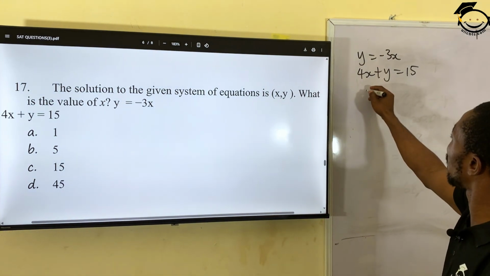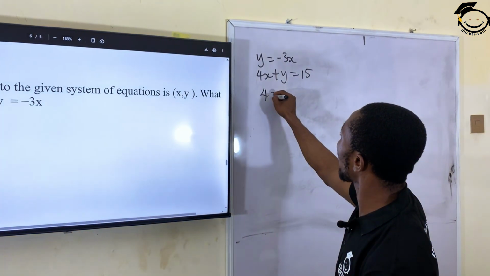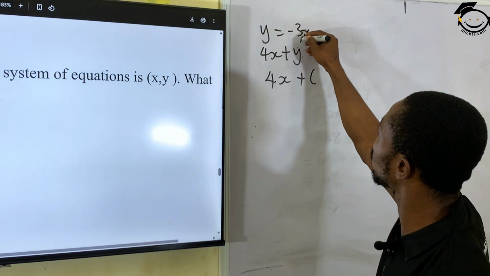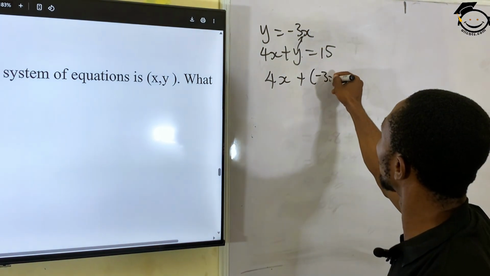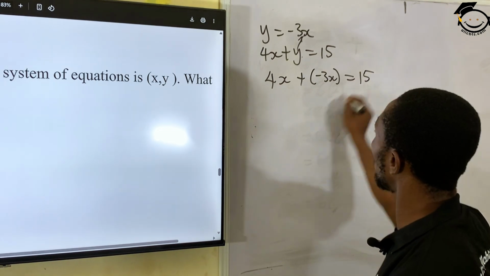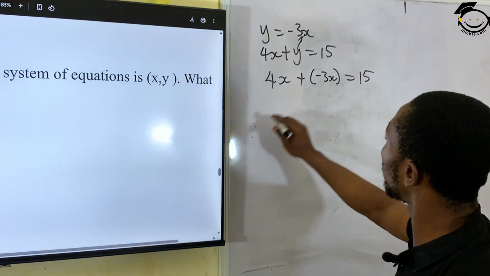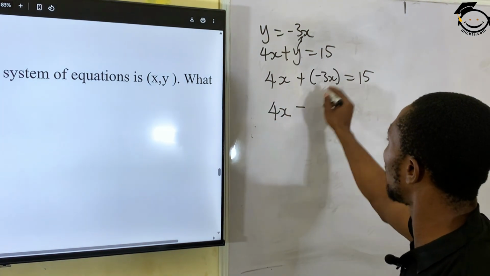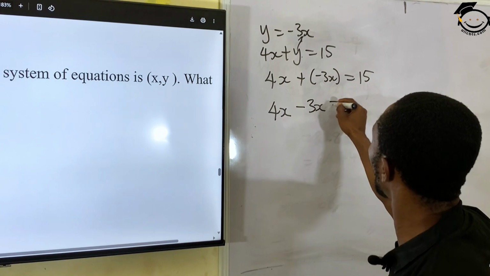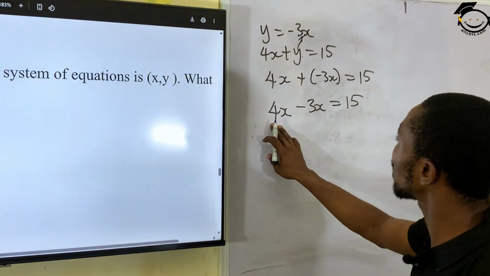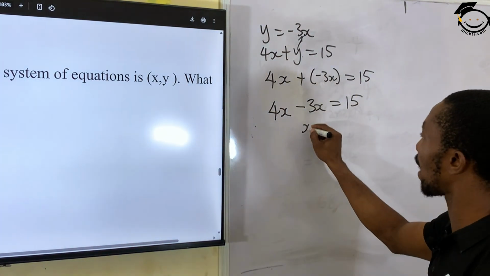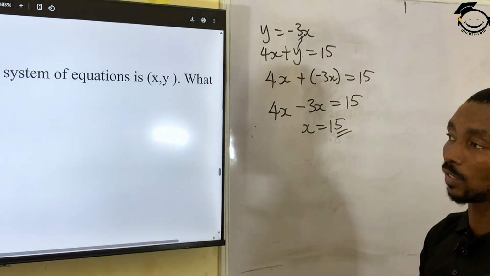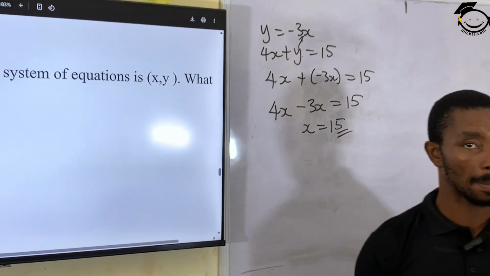So this will give us 4x plus, in place of y, we replace with minus 3x, equals 15. Now, opening up this bracket, we have 4x, minus times plus will give us minus 3x equals 15. 4x minus 3x will give us x equals 15. So the value of x is 15, which is option C.